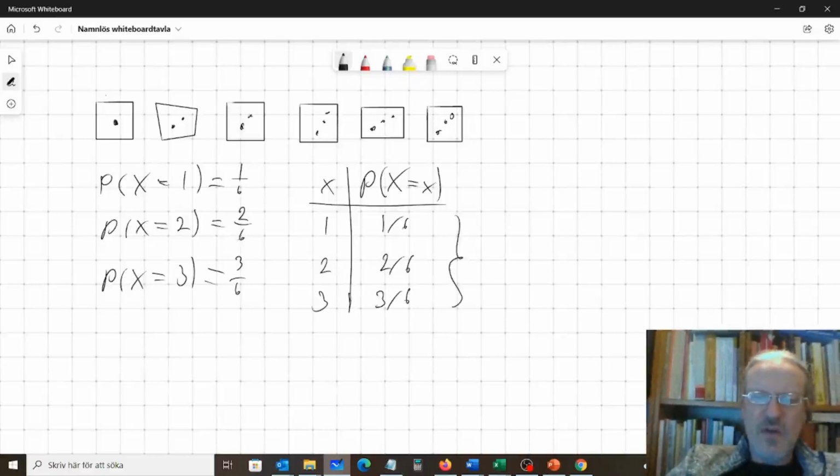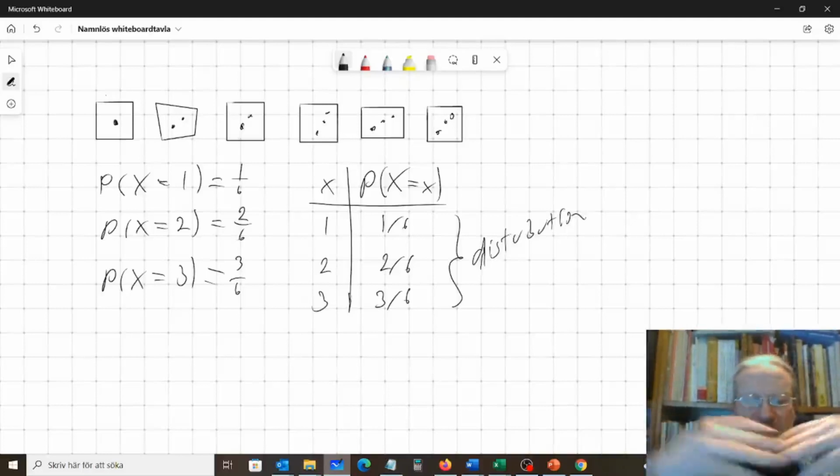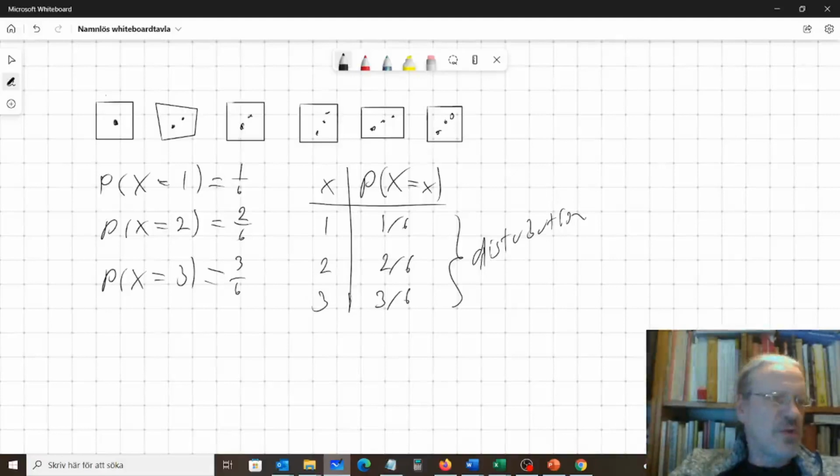This here is called a distribution, or probability distribution. So basically the distribution is how the different probabilities are distributed along the possible results. In this case, we wrote down the distribution as a table, but we can also, and that is not always the case, write the distribution as a function, because it happened to be so.